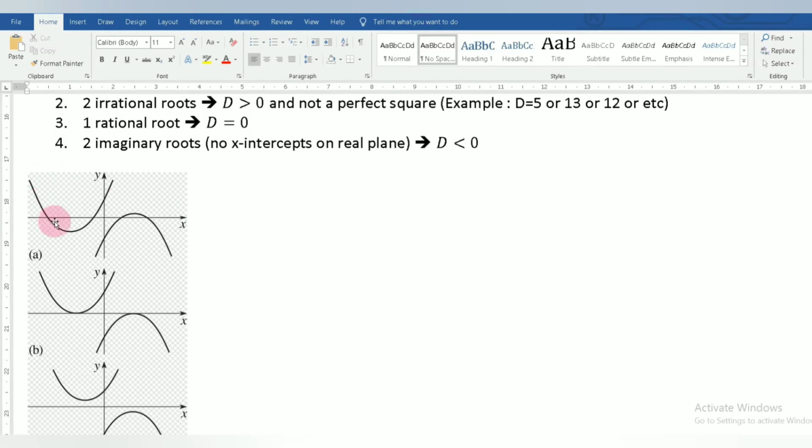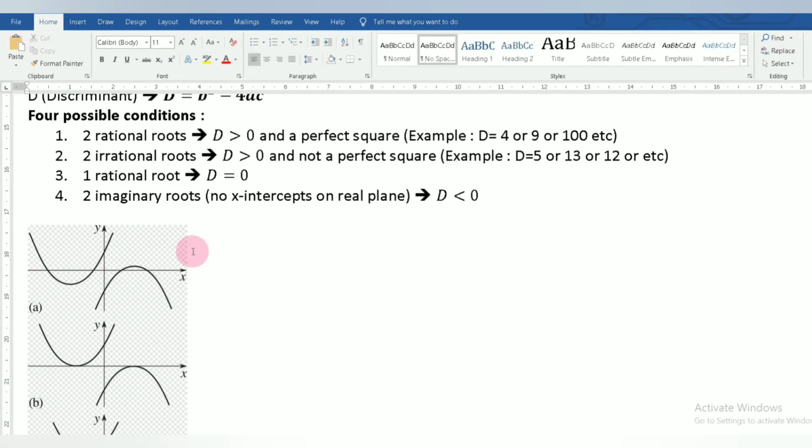But for this one, both the upward and downward facing parabolas have two x-intercepts, though it can't really be shown whether they are rational or irrational numbers. For this case, the value of the discriminant must be positive, D is greater than 0.